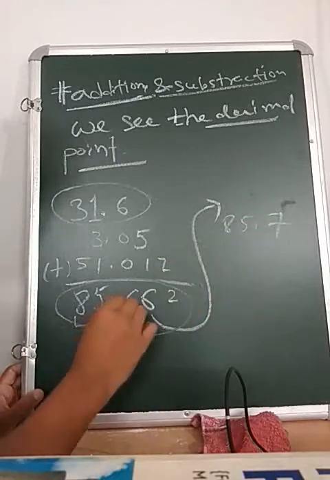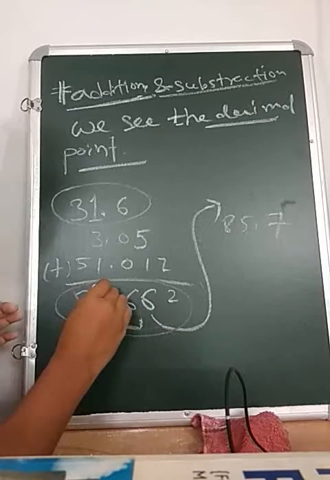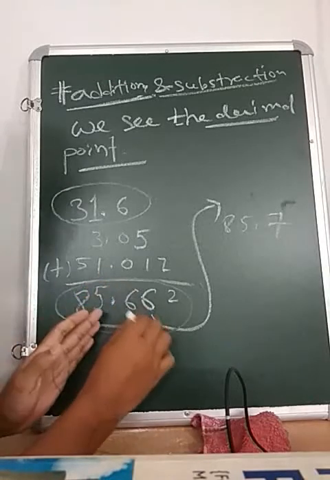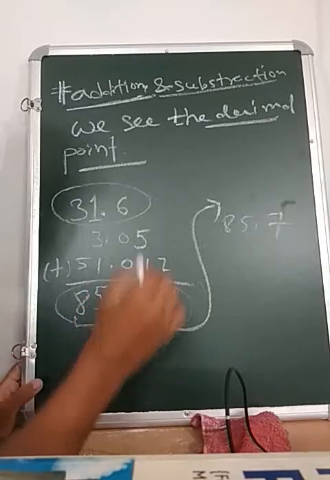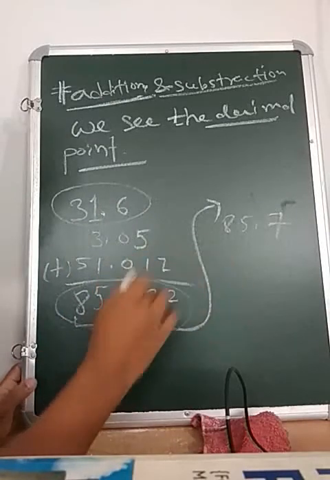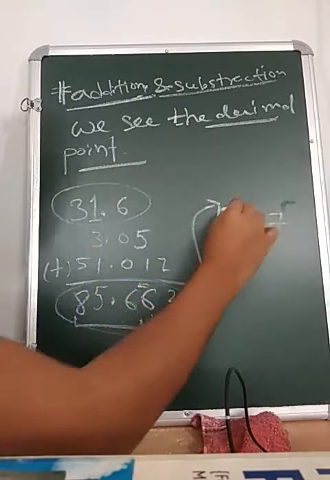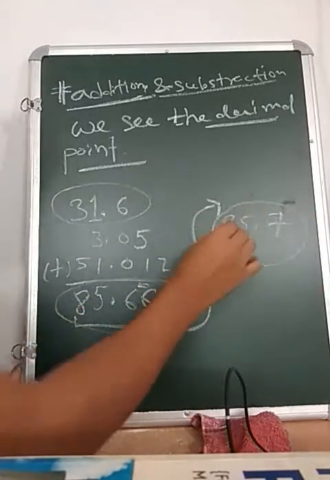Here I do not see the significant figures; we only see the decimal point. So up to 0.6, and the next digit is greater than 5, so we add 1 to the preceding number, 6 plus 1 equals 7. After rounding up, it will be 85.7.